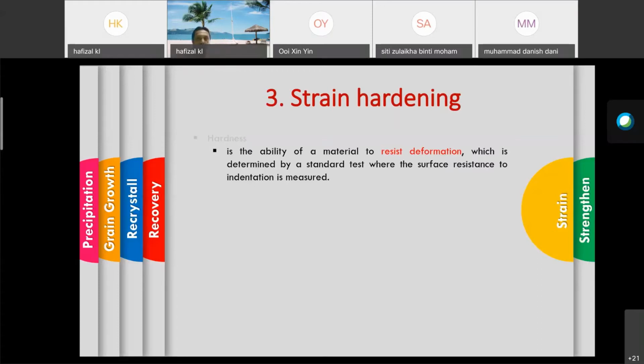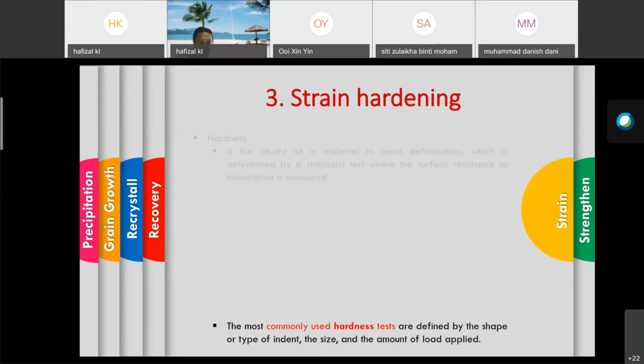During the test we have the Brinell hardness, the Rockwell hardness or something like that, by using indentation of different sizes and shapes. For the details of the application of the testing, I can refer to the previous lecture.